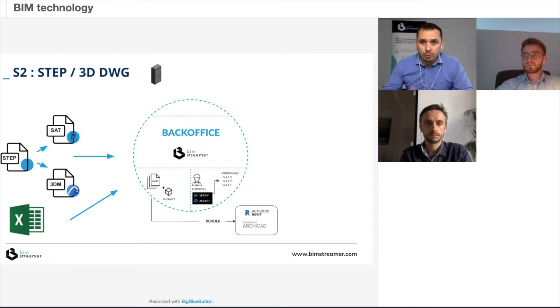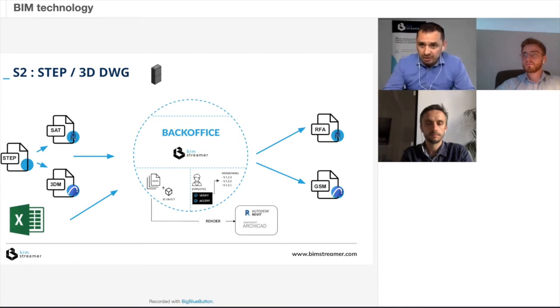These were used within the BIM Streamer platform together with the data provided in the Excel sheet. As a result, we managed to generate two independent files, one for Revit, so a Revit family, and the other for Archicad. So let me share my screen right now, and I will present how we did it.